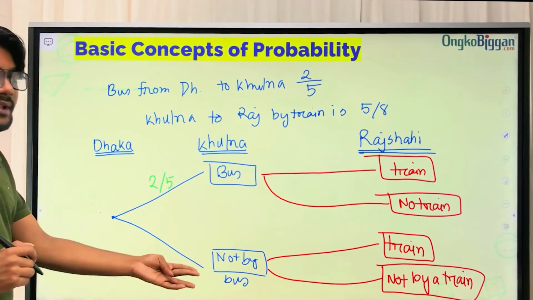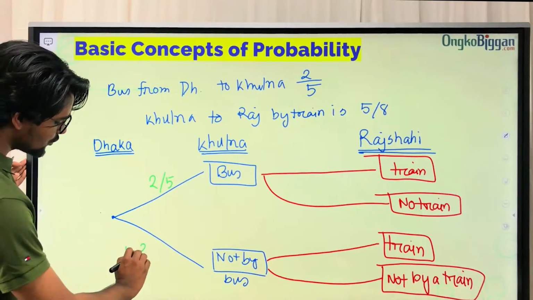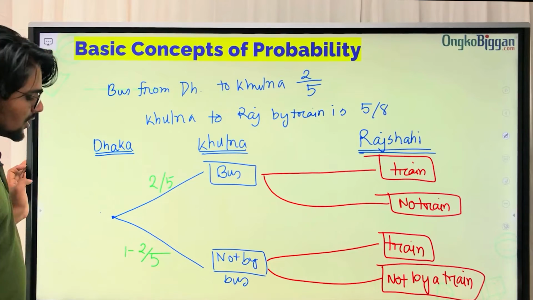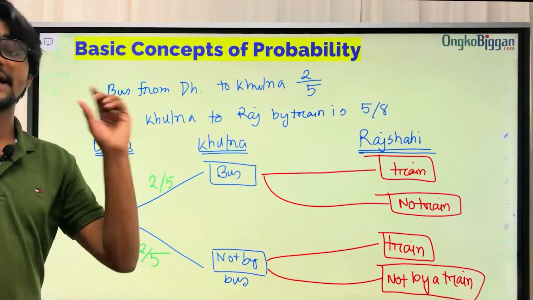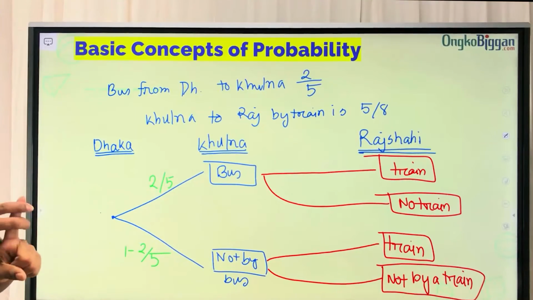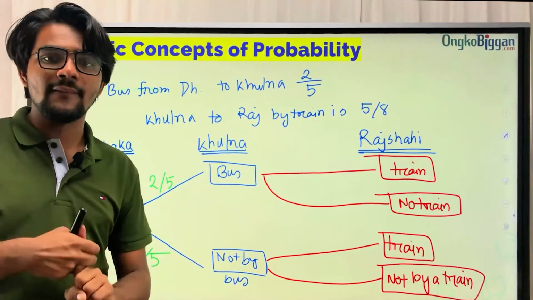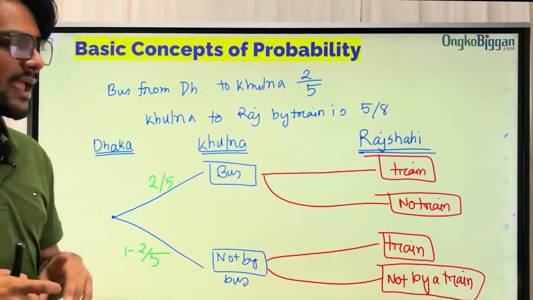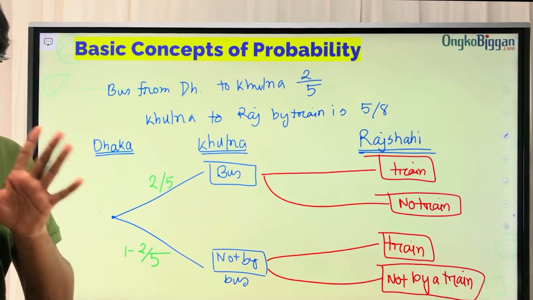That means the probability of him going to Khulna not by bus will be 1 minus 2/5. The total probability of him going to Khulna is actually 1. It doesn't matter whether he takes a bus or not, he will go to Khulna. He is sure that he will go to Khulna, and his probability of going to Khulna is actually 1. That is a certain event for now.